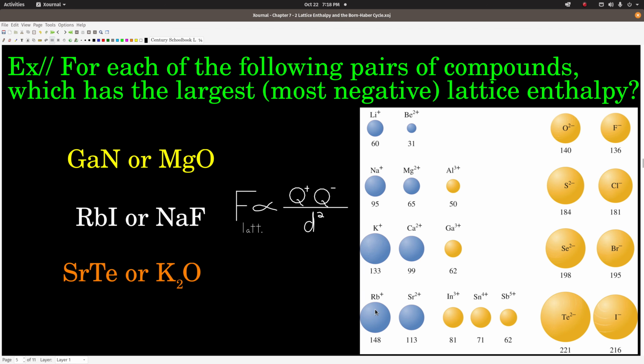So there's an instance where the distance is getting smaller, so that would tend to increase the lattice enthalpy, but the charges are smaller, one of them anyway, so that would decrease the lattice enthalpy. Well, as I said, the difference in charge is a much stronger effect than the difference in the distance between them. So what we can say is that strontium telluride is going to have the largest lattice enthalpy between these two, because plus 2 times minus 2 beats plus 1 times minus 2.